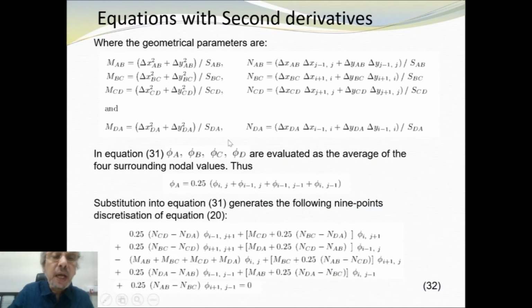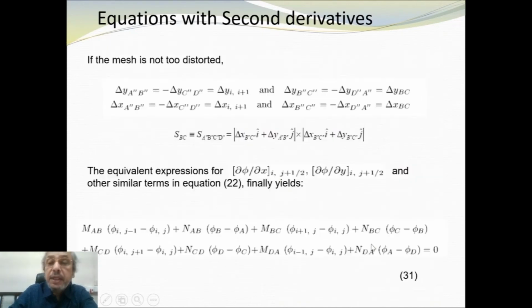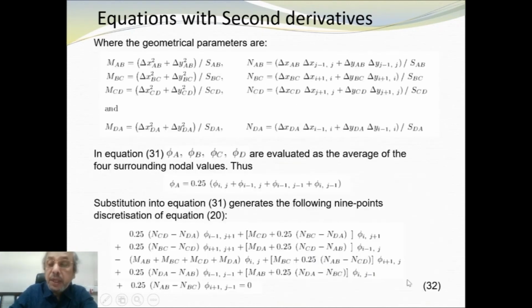So if we do that, just the way phi A has been calculated, if we follow the same calculation for phi B, phi C, phi D, and substitute in the equation that we got as equation 31, we will be able to get equation 32.